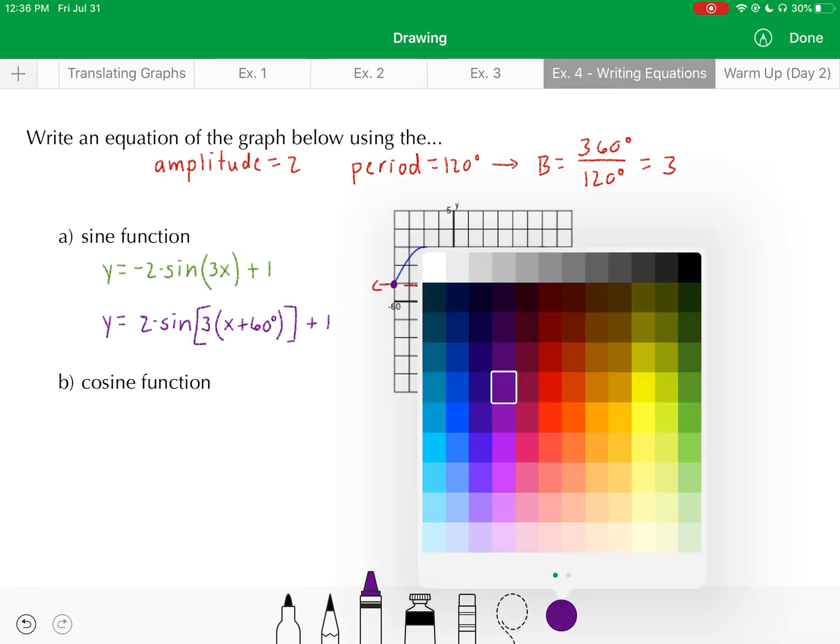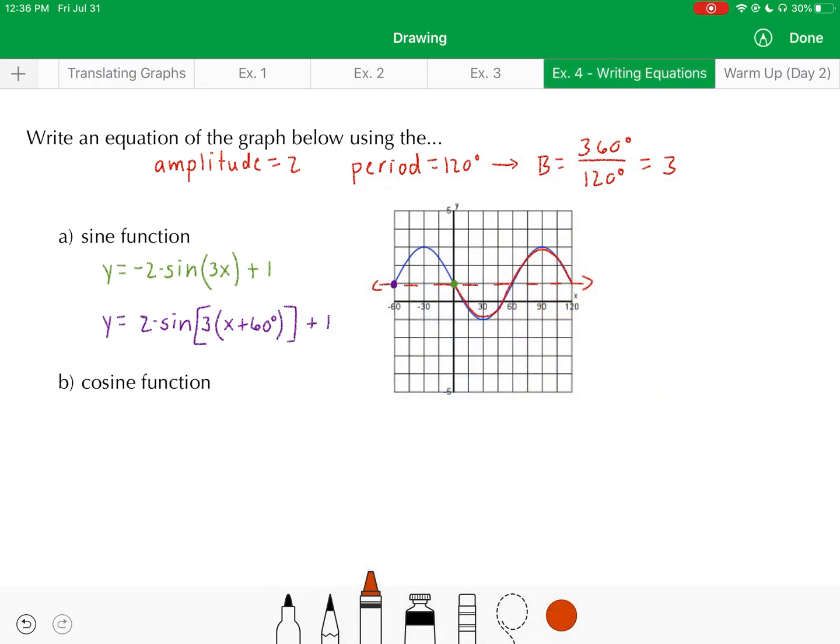Now let's do this in terms of the cosine function, okay? For a cosine function, you want to pick a point that's either a high point or a low point on the curve. So let's say we choose this point right here at -30, 3, okay? Notice that that point starts above the midline, and also that it's 30 degrees to the left of the y-axis, okay?